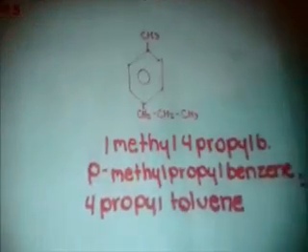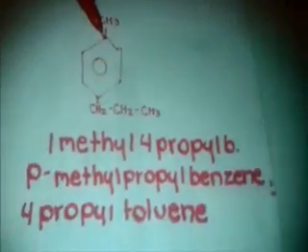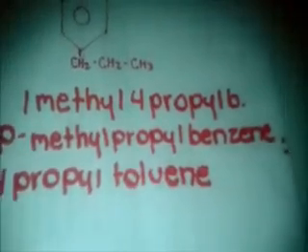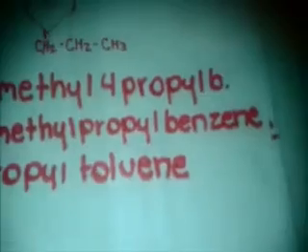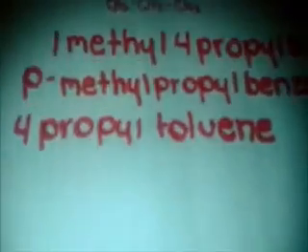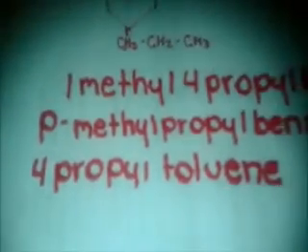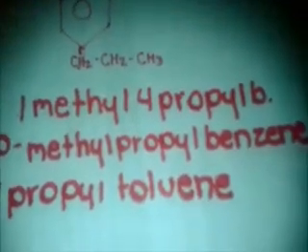As you can see, the positions are correct: 1-methyl, 4-propyl. Para is 1,4. There's methyl and propyl. And this one is toluene, so we only have to name propyl, then the toluene.